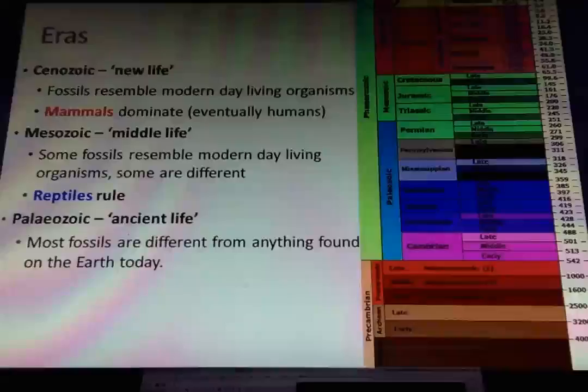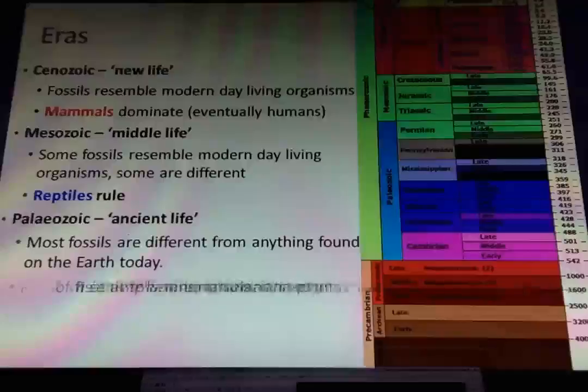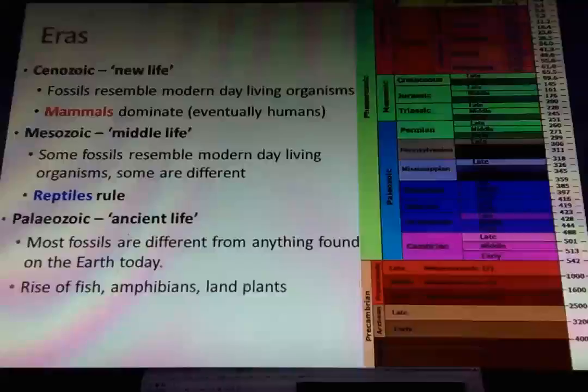So there have been huge changes in the types of plants and mammals and reptiles and animals that existed during the Paleozoic era and Cenozoic era today. During this time, there was a change, this evolution, development, and a rise in the number of fish, types of amphibians, and land plants that existed on Earth.